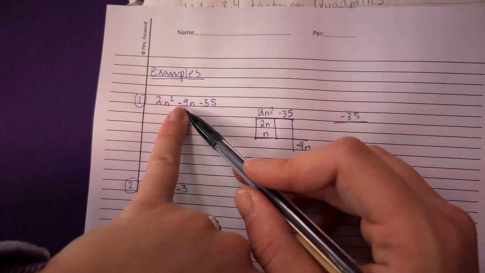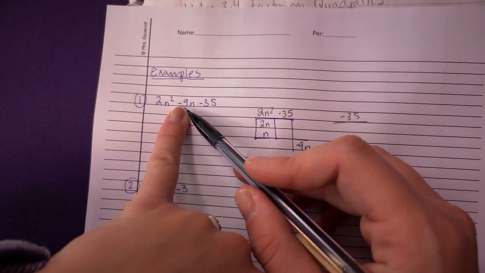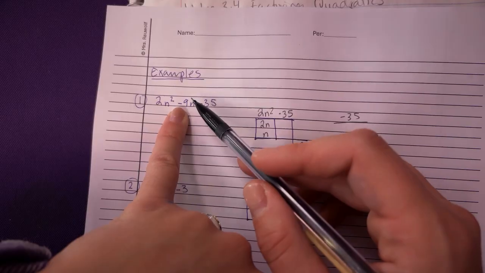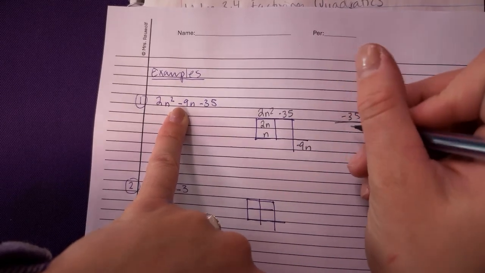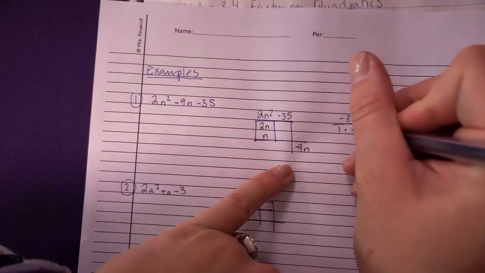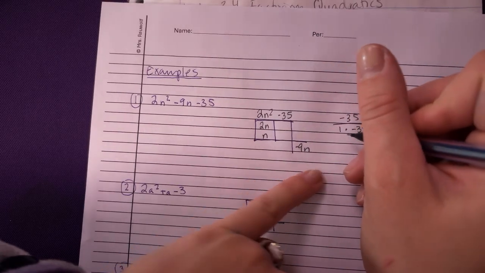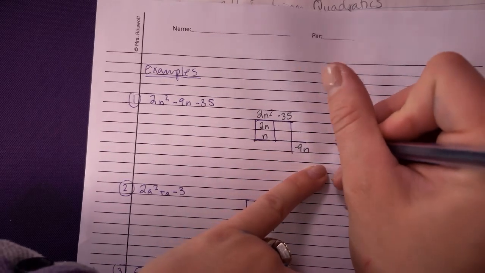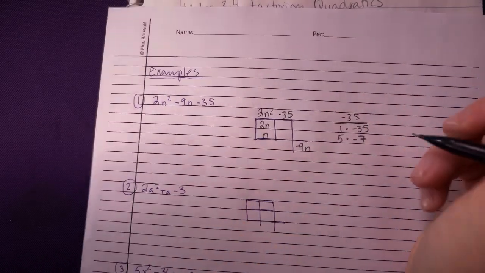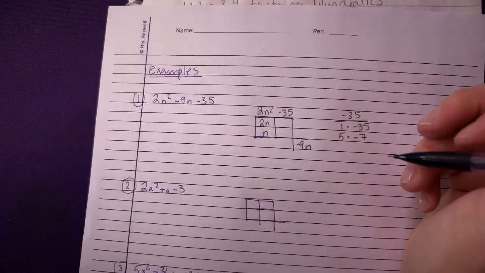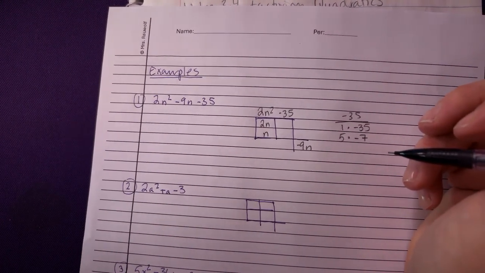However, this middle piece of the quadratic, this b, is negative, so that means my bigger number is negative. So we got 1 and negative 35. 2 doesn't work, 3 doesn't work, 4 doesn't work, 5 works. We got 5 and negative 7. And honestly, that's all that we are going to have here.